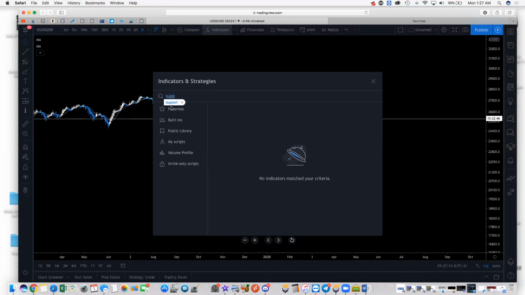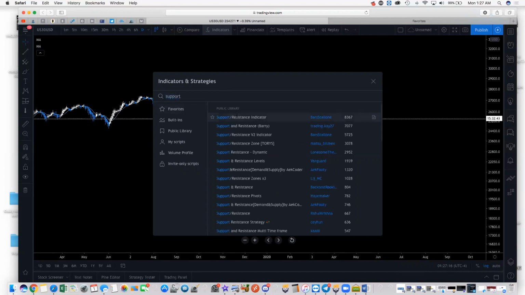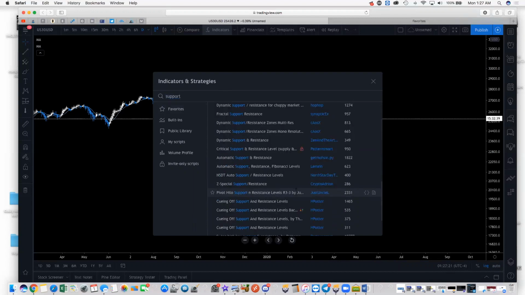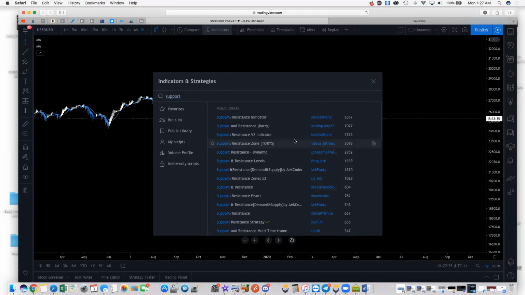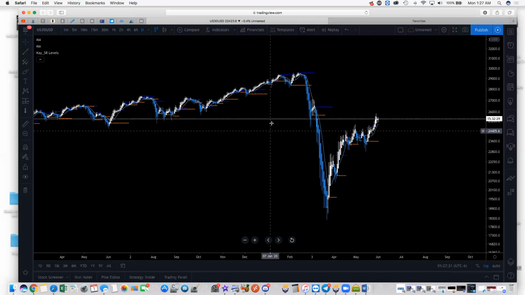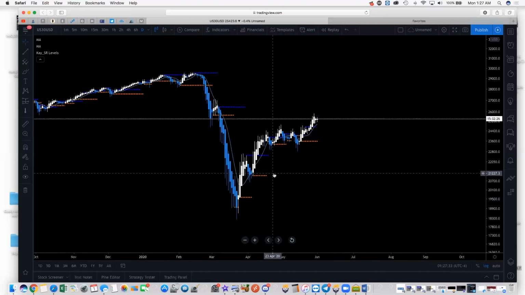Support and resistance, and as you see, there are plenty of support and resistance indicators, right? We'll just click this one. So now it shows all our levels of support and resistance, right?